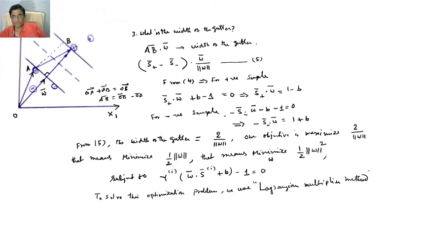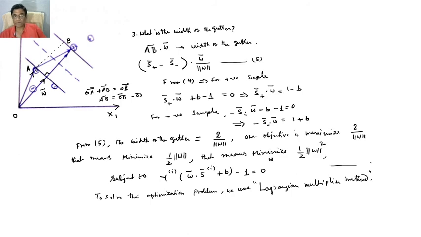This is very important, and it is very standard. If this kind of objective function optimization problem is there, we use the Lagrangian multiplier method to solve it. You can brush up on the theory, but here I will just brief you.